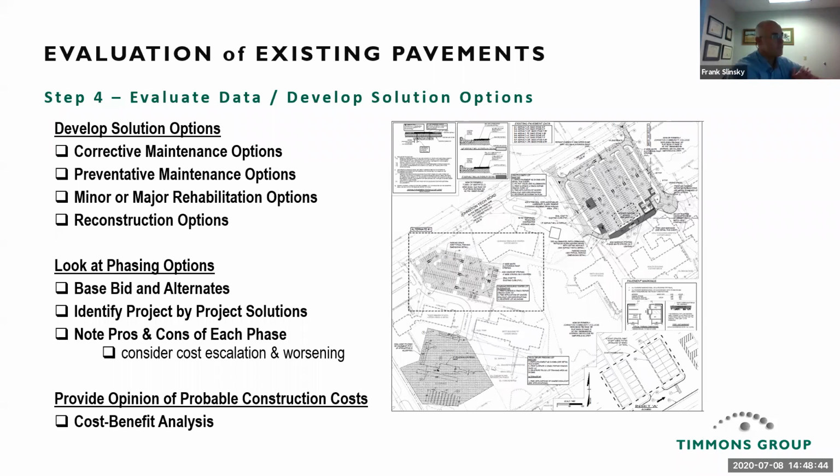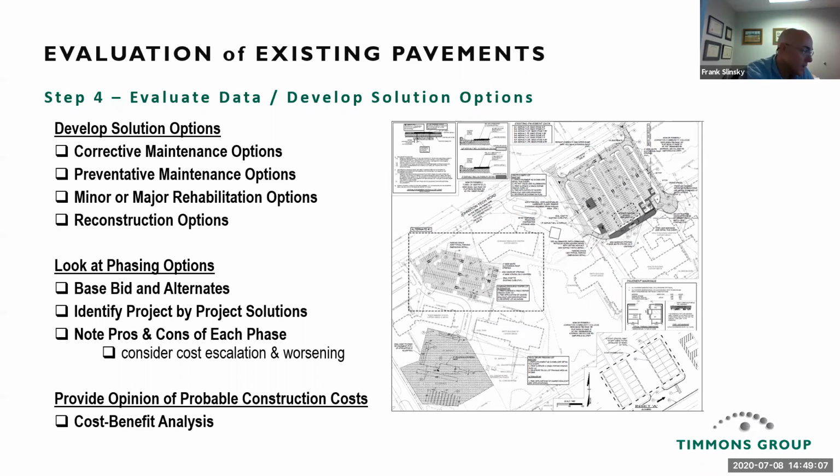So, step 4, evaluate data, develop solution options. Solution options will include all the categories we discussed. There are corrective maintenance options, preventative maintenance options, minor or major rehabilitation options, and reconstruction options.